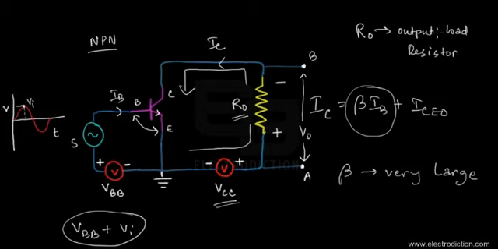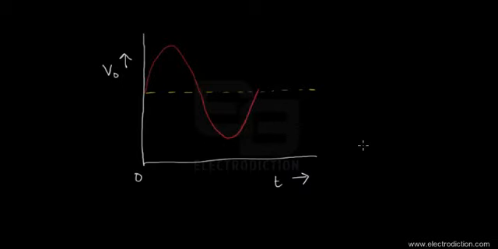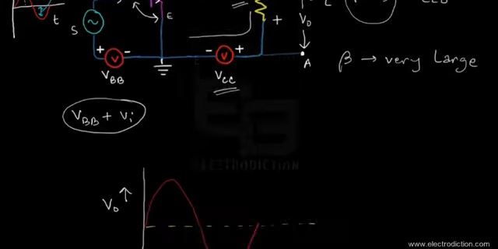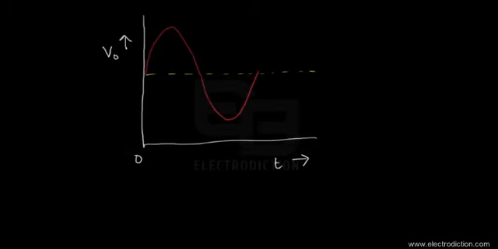So the output signal is going to look something like this particular figure that you're seeing. If you compare the amplitudes of both the input and the output, let's take the amplitude of this particular input signal as, let's say, Vm. If the amplitude of the input signal is Vm, then we're going to obtain the output signal's amplitude as approximately equal to about beta times Vm.